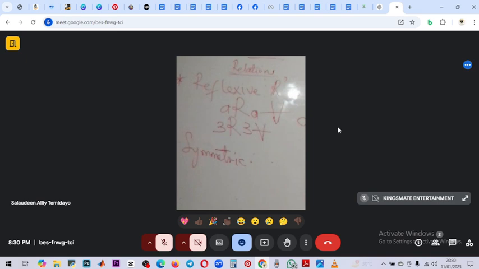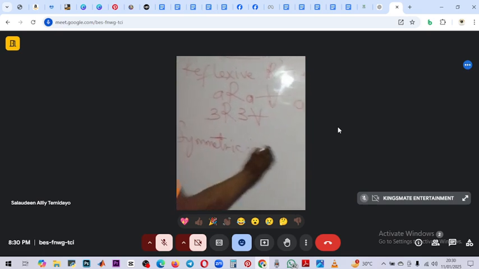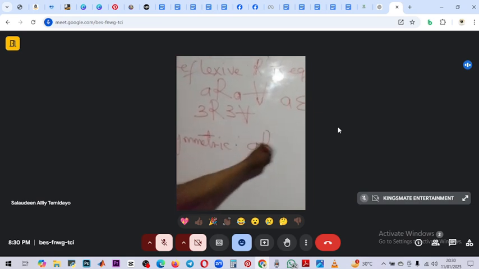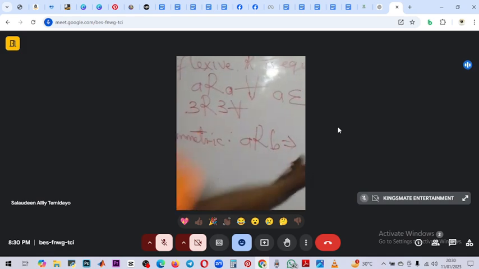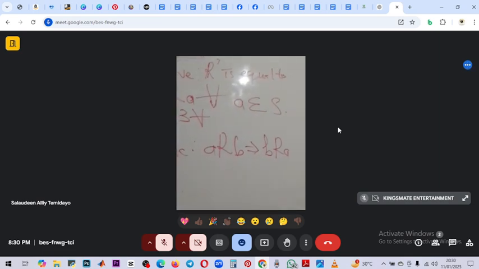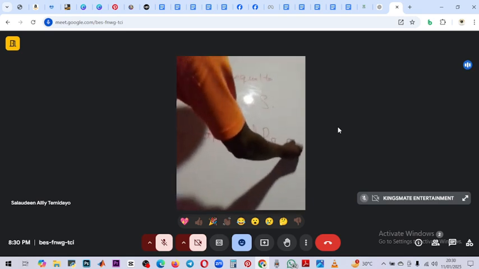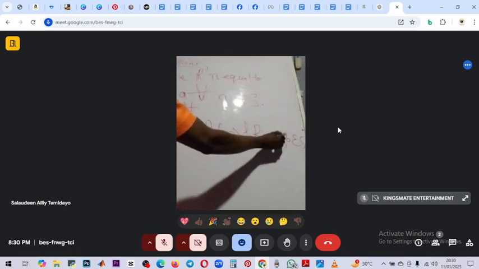What do I mean by symmetric relation? A symmetric relation is just a type of relation where A is related to B, and it exactly means B is related to A, where A and B are elements of a particular big set.